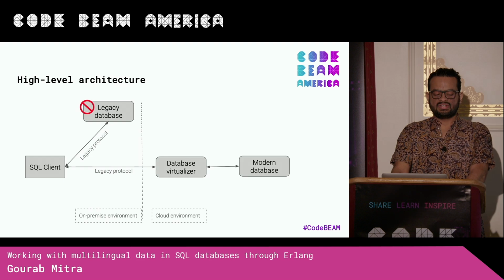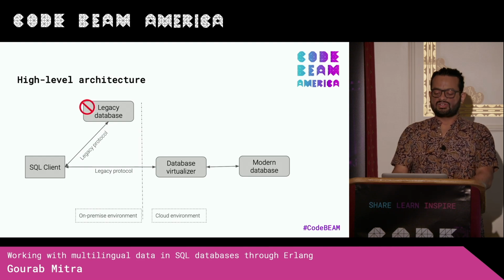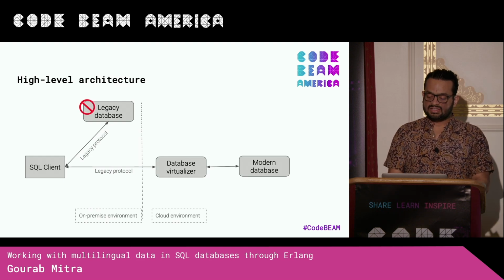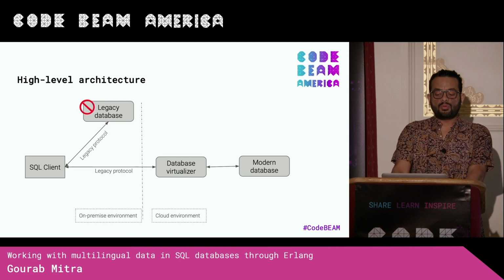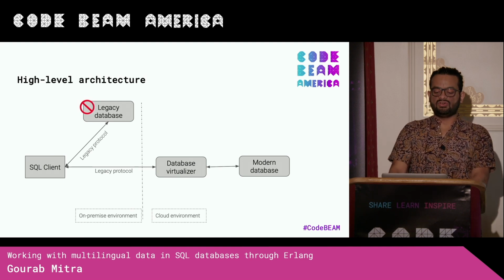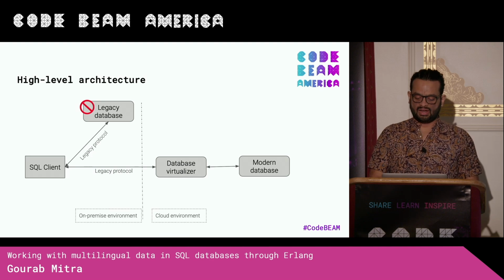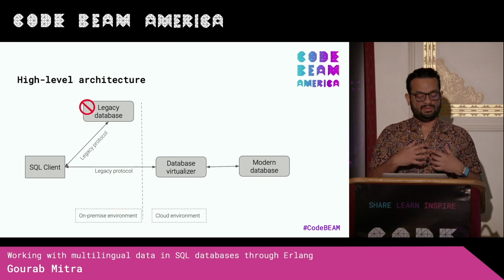So let's see what the system looks like. Our customers have a SQL client, which talks to the legacy database. This is what we are trying to take out here. The value proposition of the product is that you can reuse the same SQL client, speaking the same protocol.